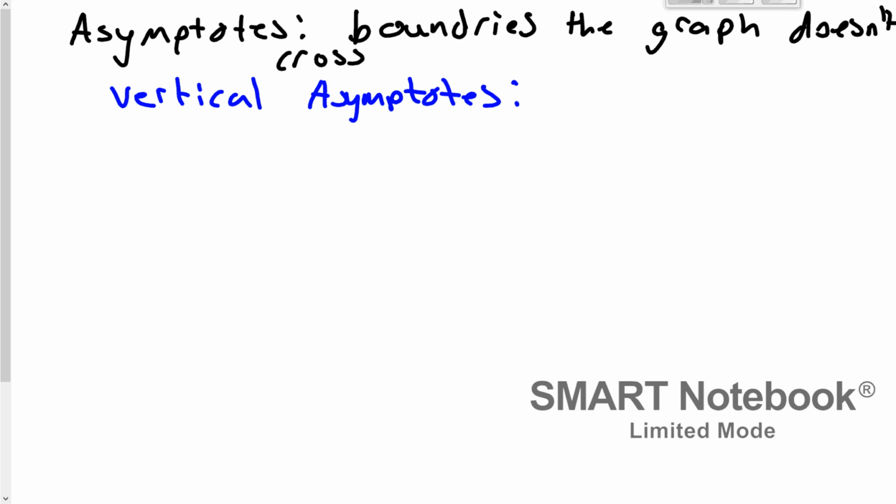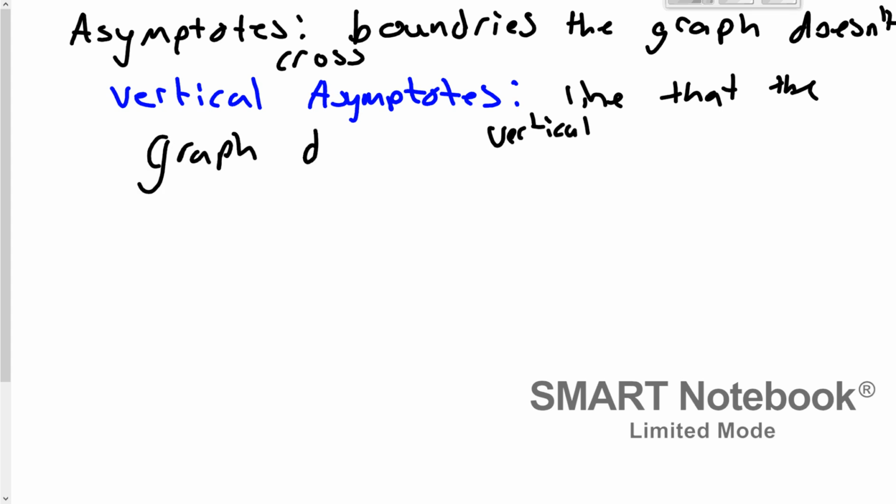And we have vertical asymptotes, so vertical lines. So we have a vertical line that the graph doesn't cross.